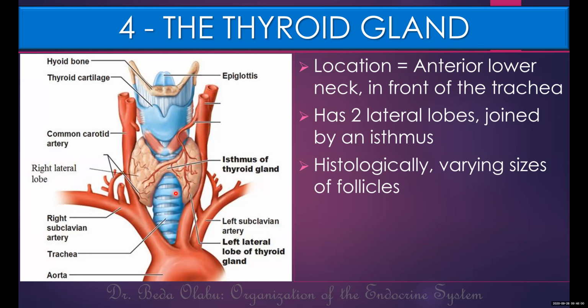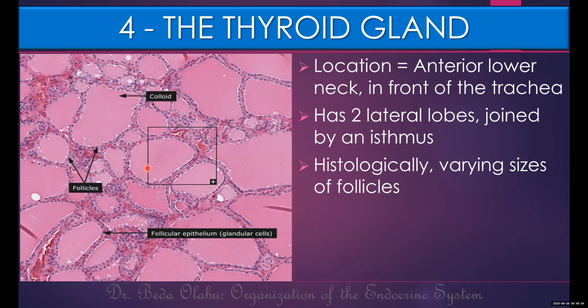Histologically, the thyroid gland consists of what we call thyroid follicles. And this is how thyroid follicles look. The follicles are of varying sizes.